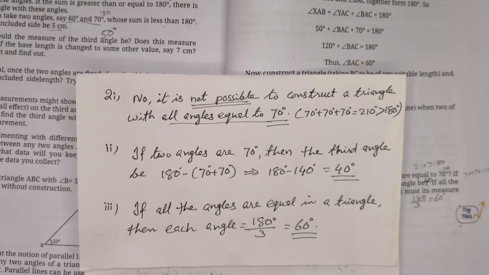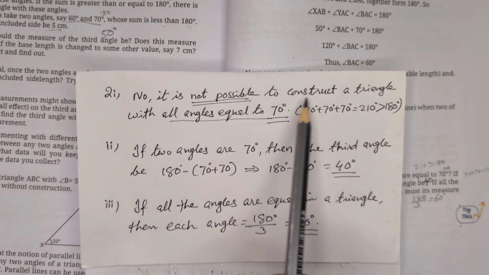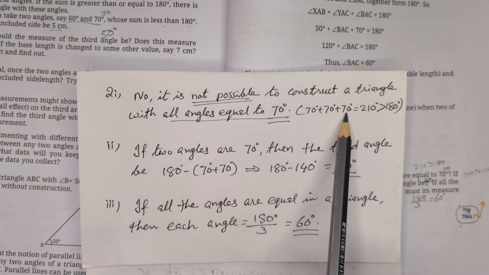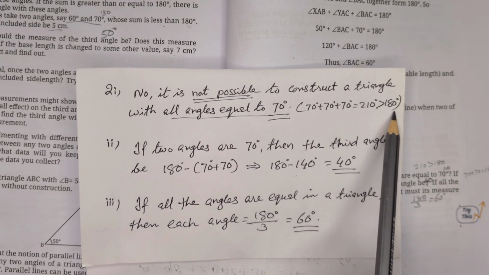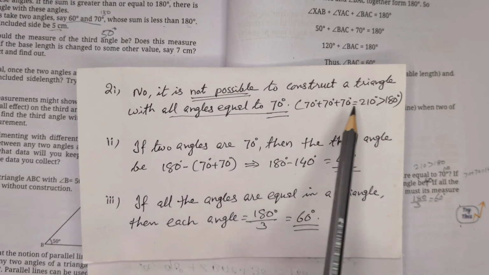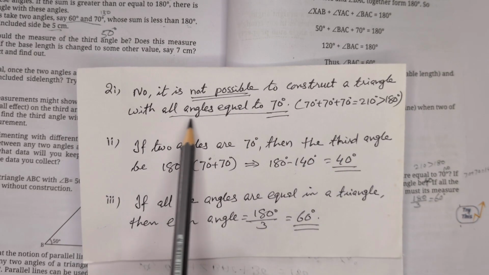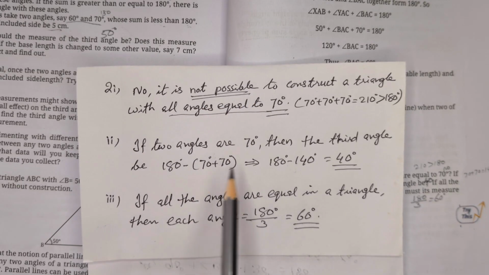So we can write this way, right? First case, that is not possible because if all three angles are 70, the sum will come 210, which is greater than 180. So that is not possible. A triangle with all three angles 70 degree is not possible.